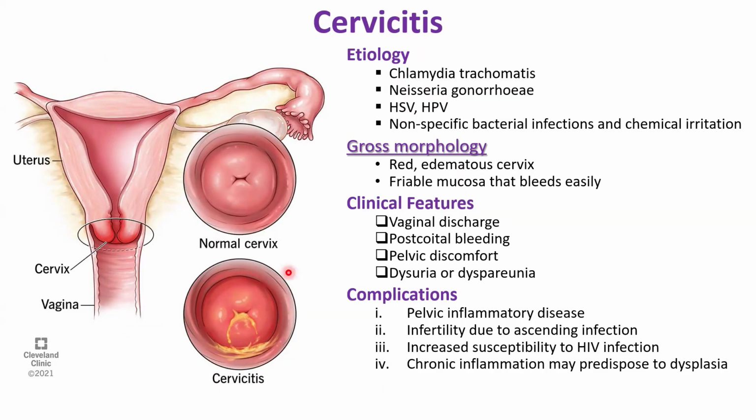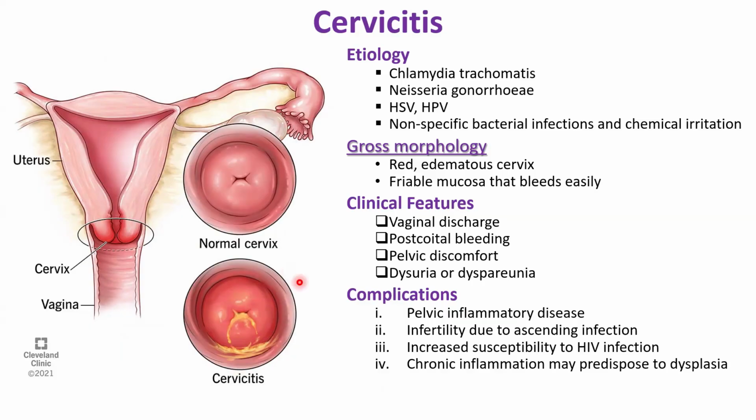And what will you see? One, if it's bacterial infections, you'll be able to see there is pus, and vaginal discharges will be present. And then you can see this one is reddish in color and purulent in nature.